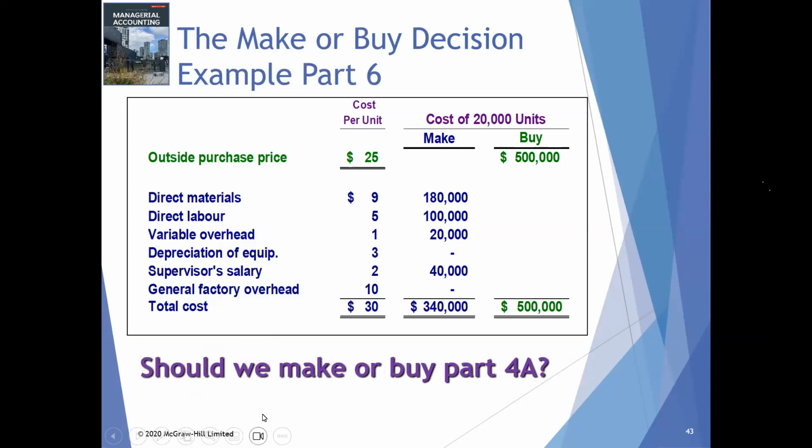Now, should we make or buy the part 4A, right? So this is what we have done. So in this case, we have calculated that $340,000.